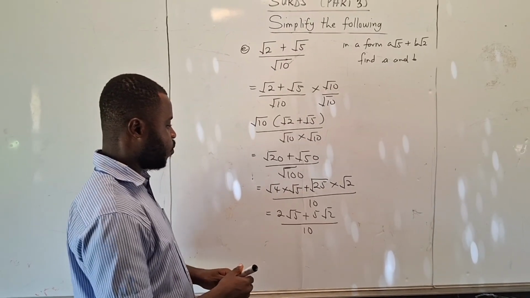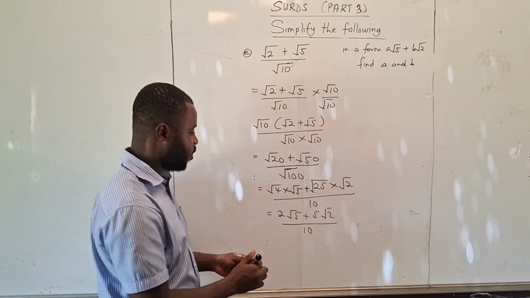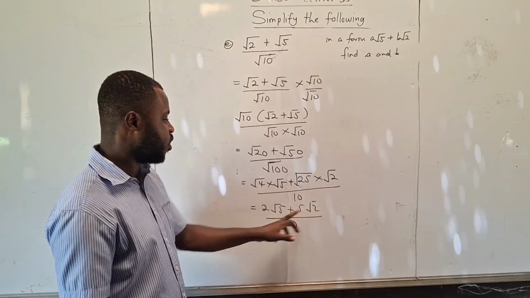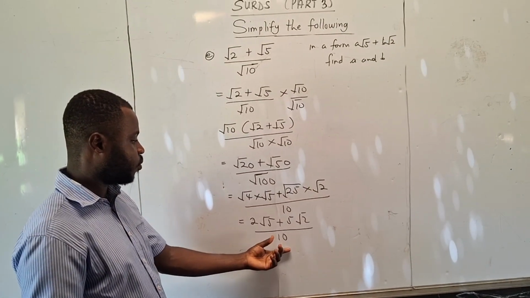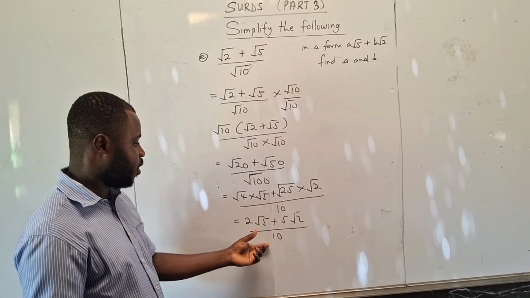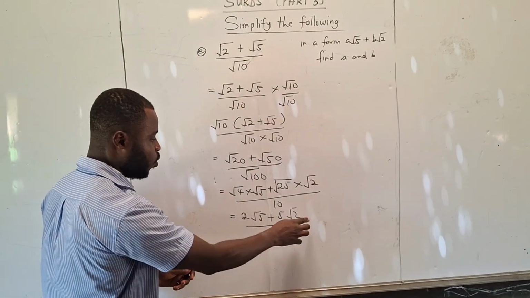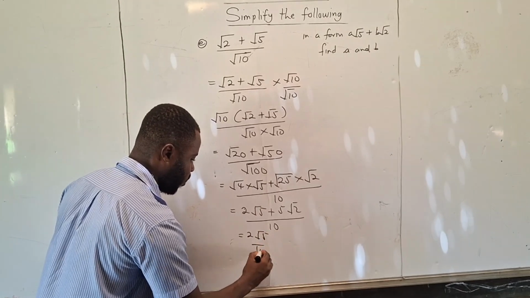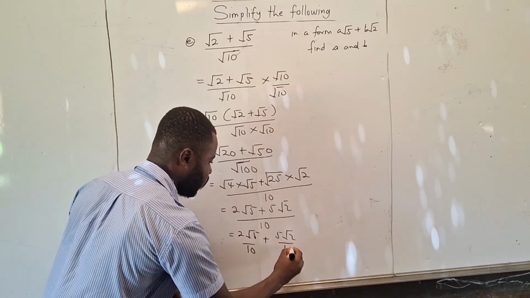Yes, so now we have arrived at this side. Now this and this are not the same, so we can't add them. And now there is 10 here, and this 10 is for both, so you can separate them. 2 root 5 over 10 plus 5 root 2 all over 10.